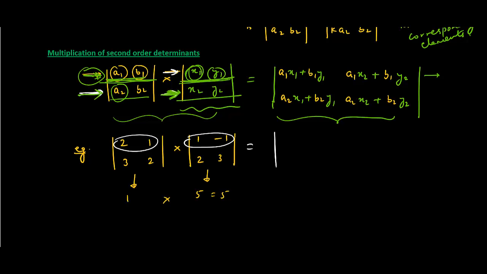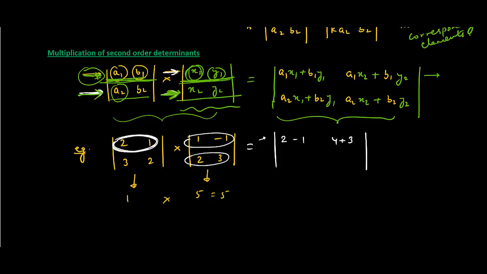This gives us 2 minus 1. Then we multiply again this row with the second row of the second determinant. Since we are not changing the row here, we will not change the row in this determinant either. So in the same row we get 4 plus 3.